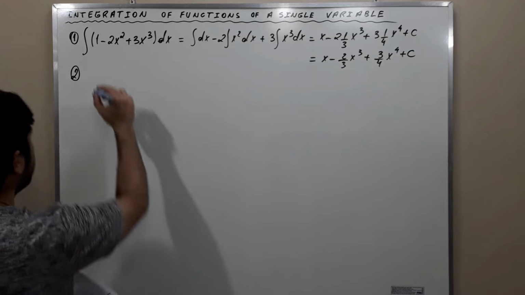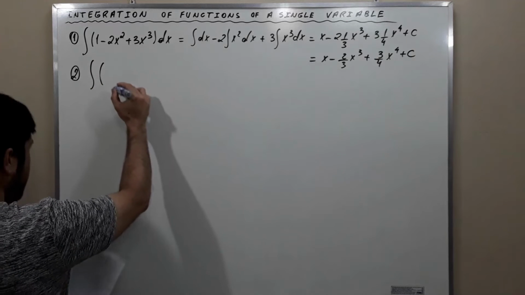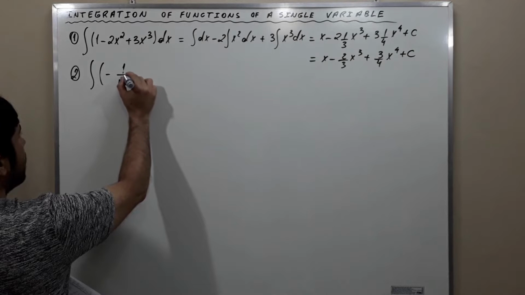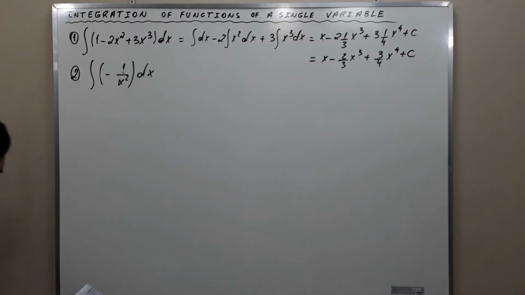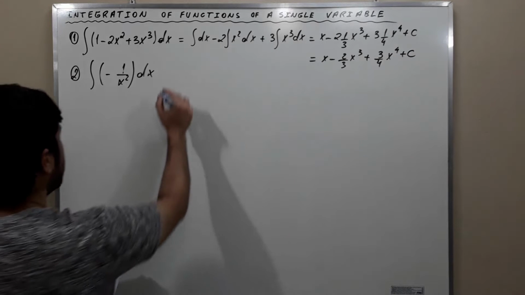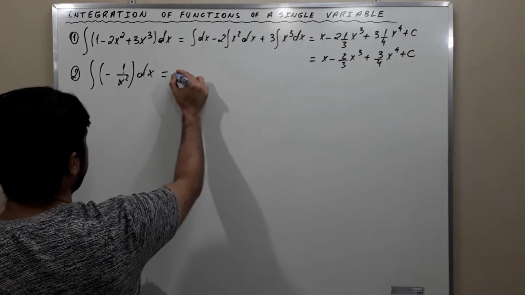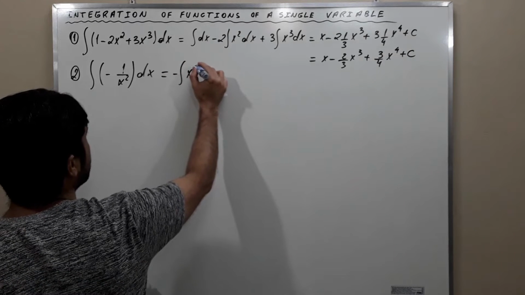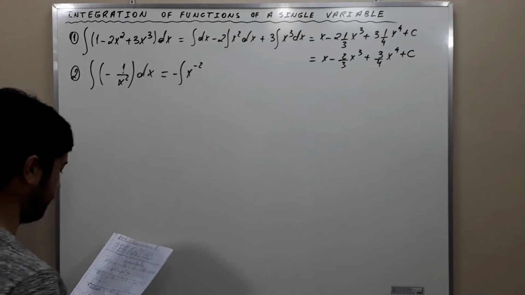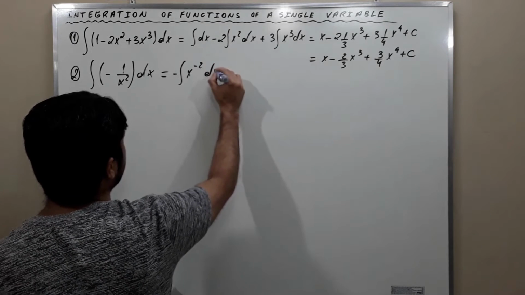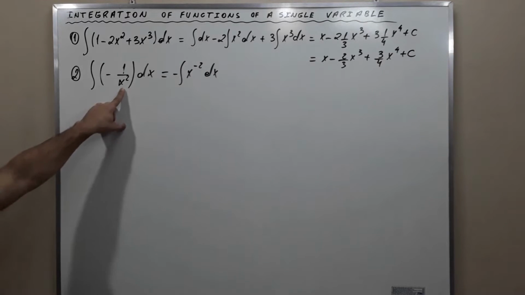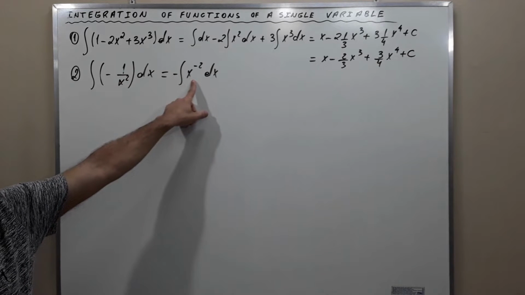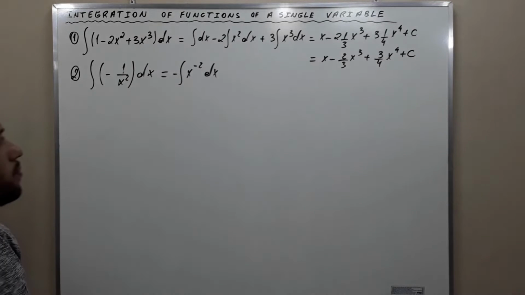Exercise 2 is going to be the integral of the negative of 1 over x squared dx. And the technique that we are going to use is, this is the negative of x to the negative 2 dx. Okay? We can pass this x squared to the numerator, and then it becomes x to the negative 2.